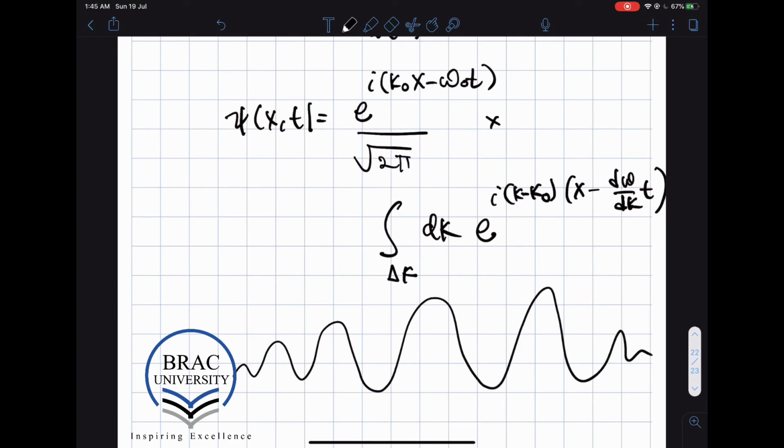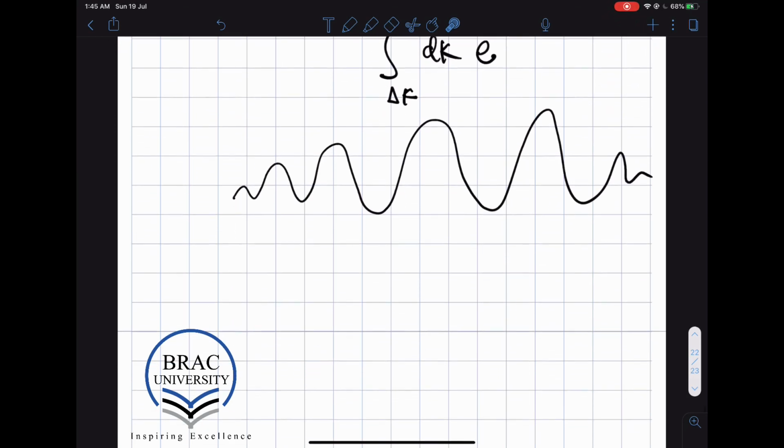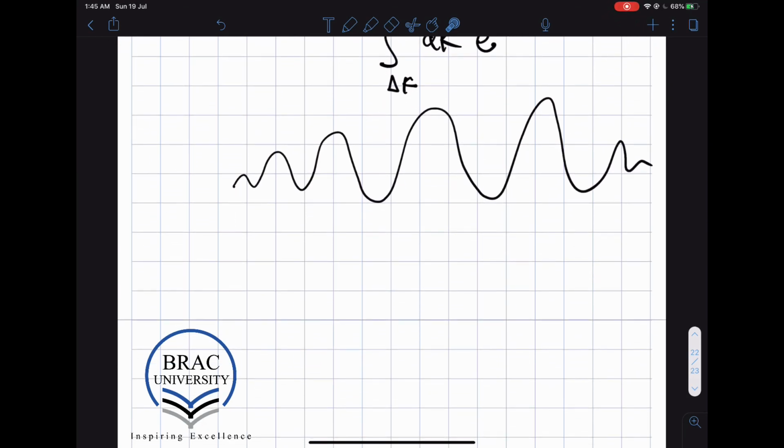The wavelength and frequency will be given by k naught and omega naught, but this whole thing is modulated by this, and the velocity of this amplitude is given by d omega by dk.